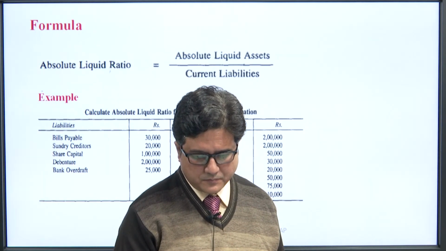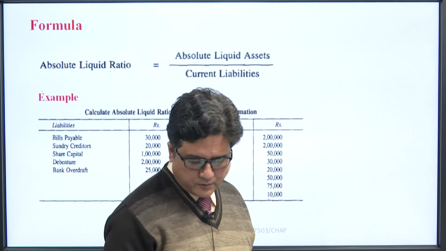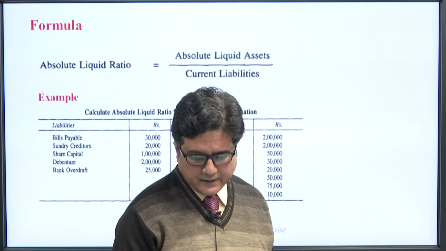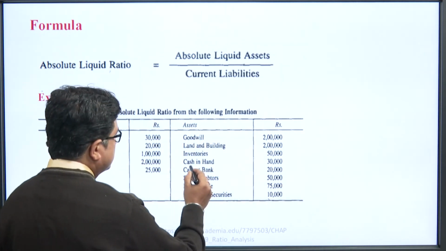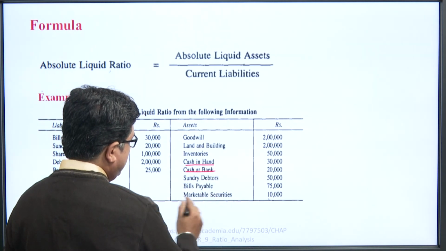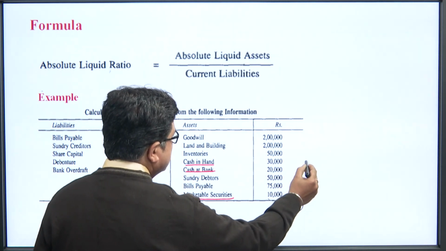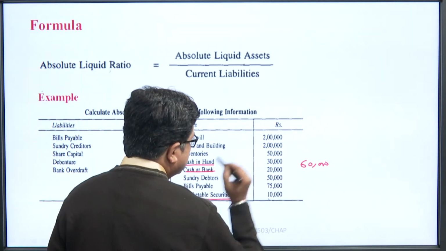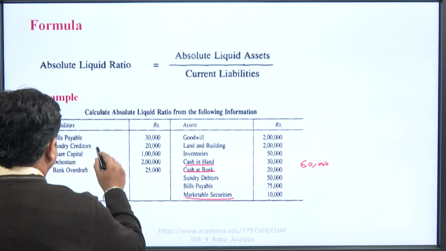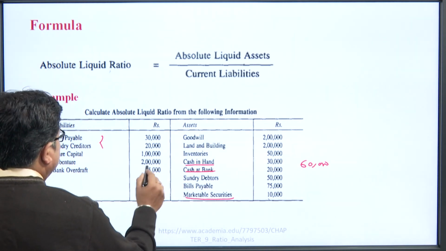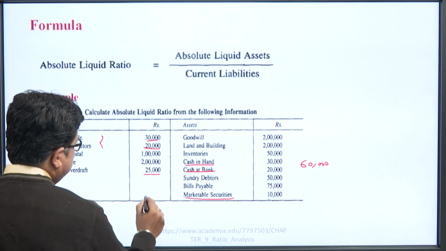So, solution. Here we can use this one, हम ये लेंगे और ये लेंगे, बस 3 चीज़ें लेंगे। Total is 60,000. Now हमारे पास लायबिलिटी कितनी है, 25, 20 and 30, is approximately 75,000.